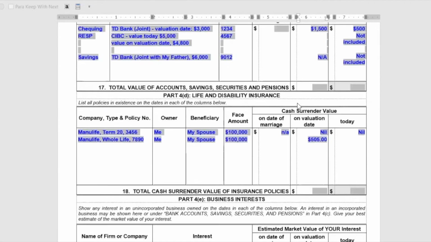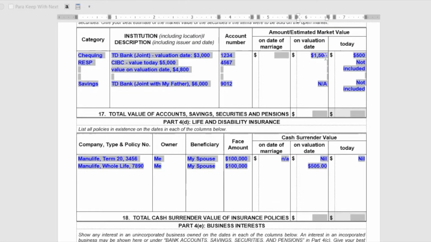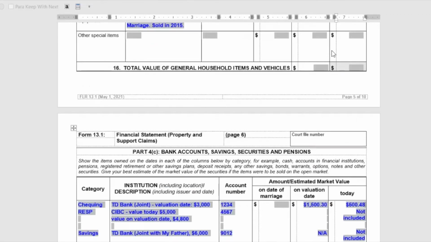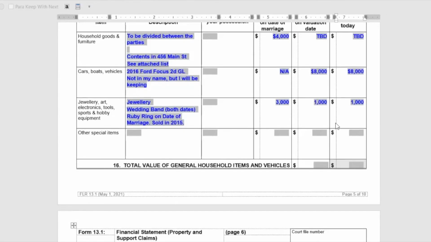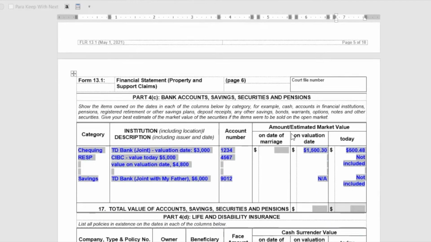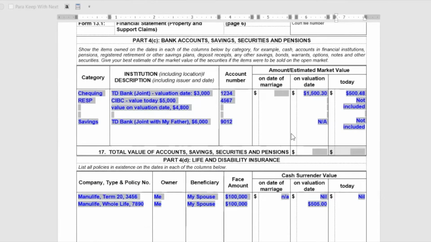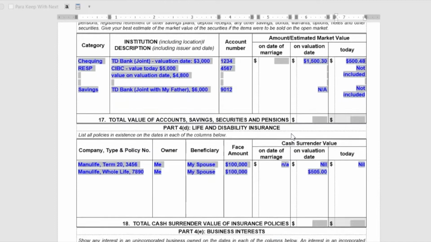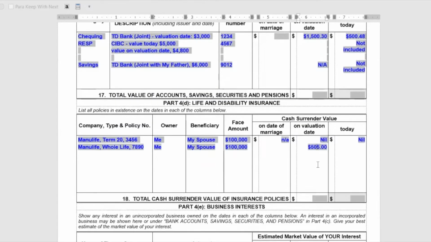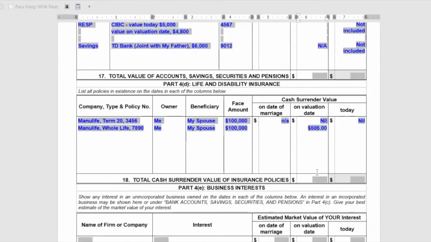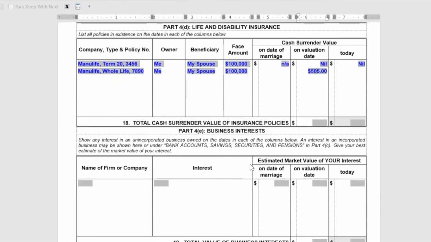By the way, I would recommend, I didn't do it here, but you should do it down to the penny. Certainly when we're talking about values of cars and stuff, you don't go down to a penny. But for bank accounts, because we can, and it's very easy, you would be putting the values.